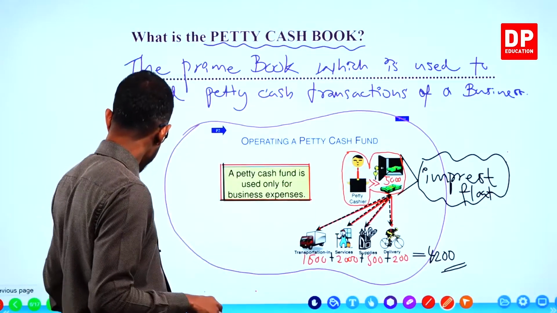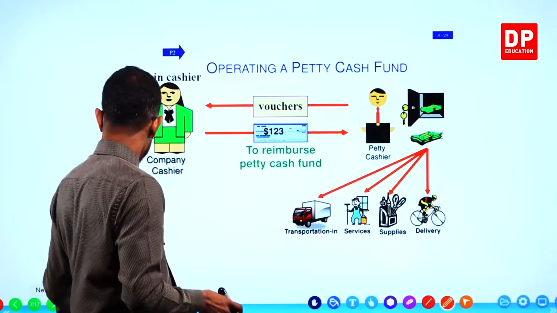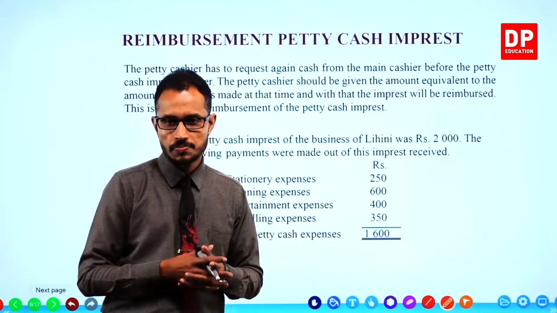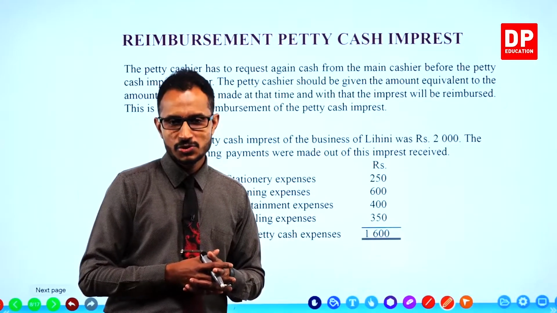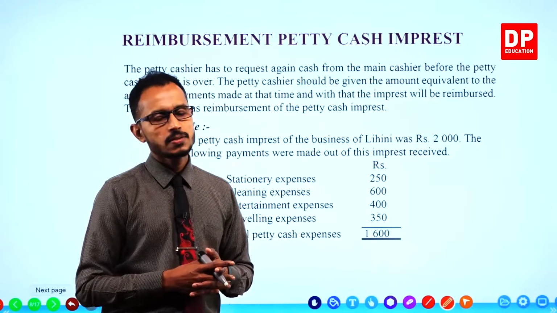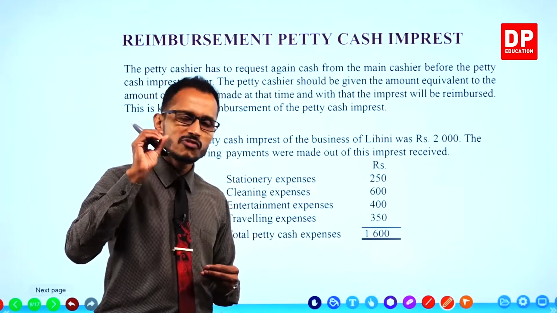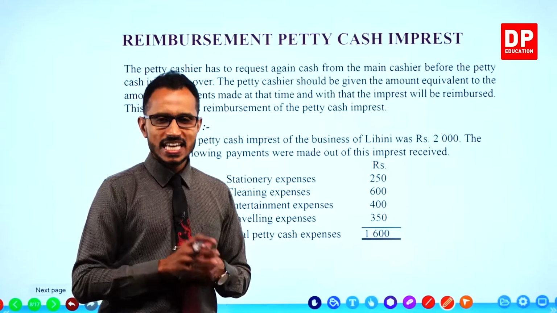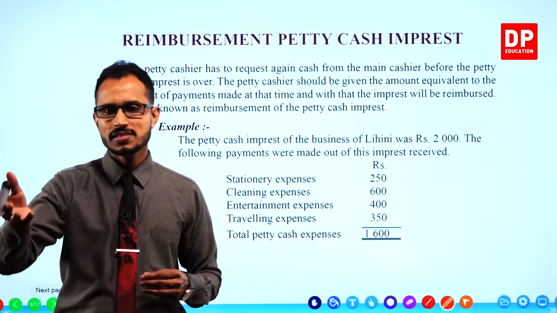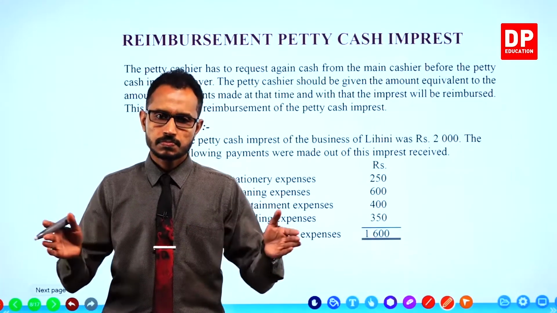If you are requested to define or explain imprest, you should say the petty cash imprest is the amount of money or the fund which is kept by the petty cashier for petty cash expenses during a certain period of time.